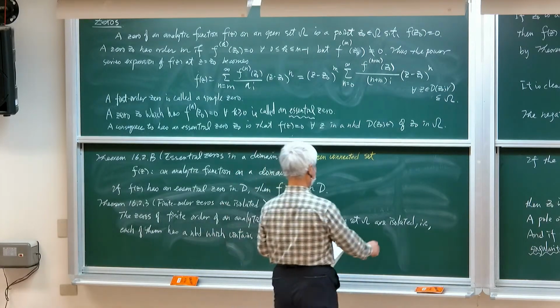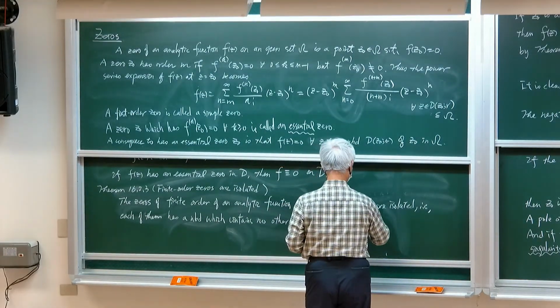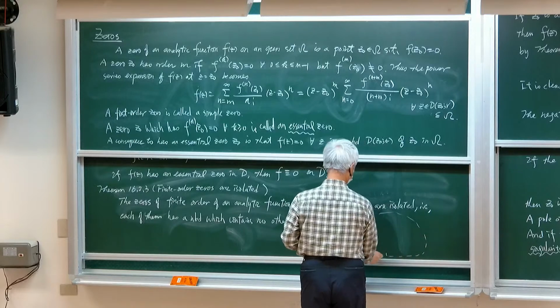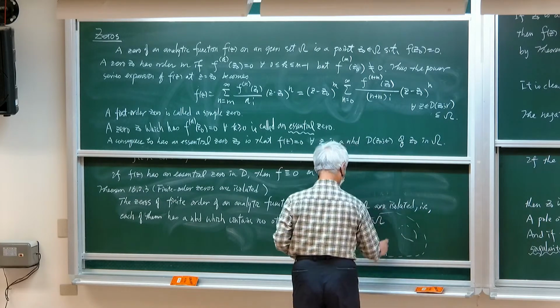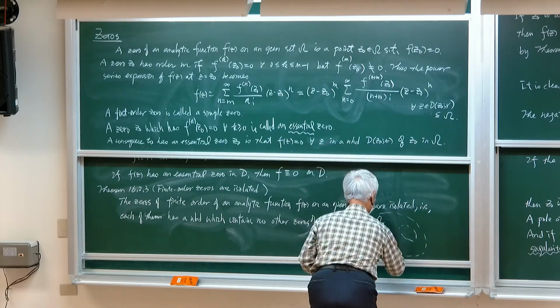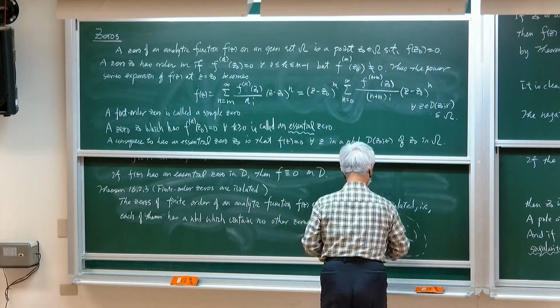So the situation is here: this is omega, and there is a zero here called z0.